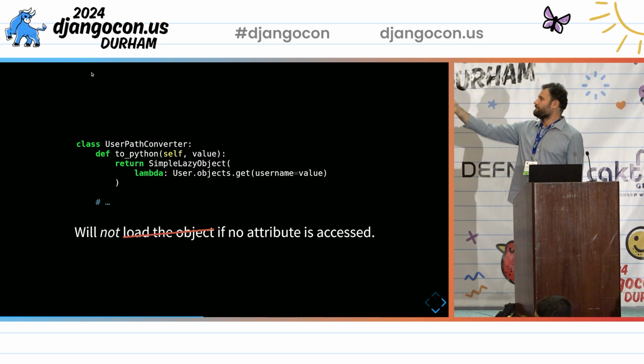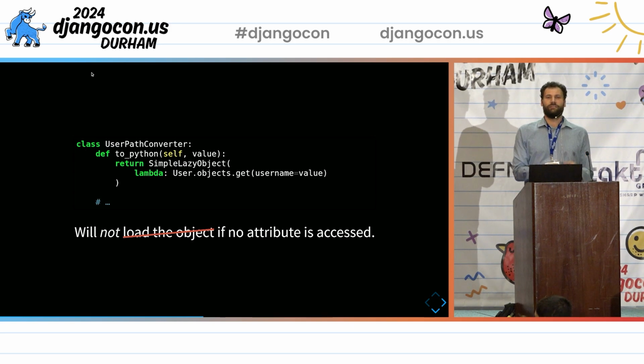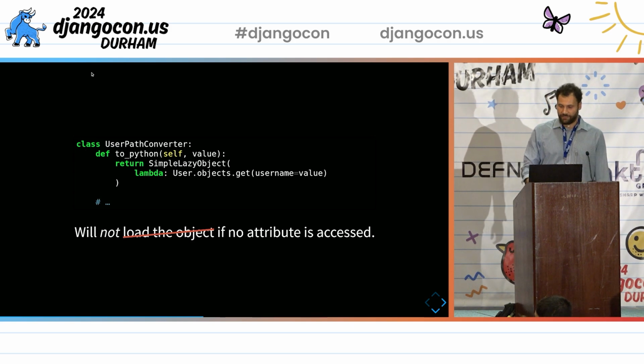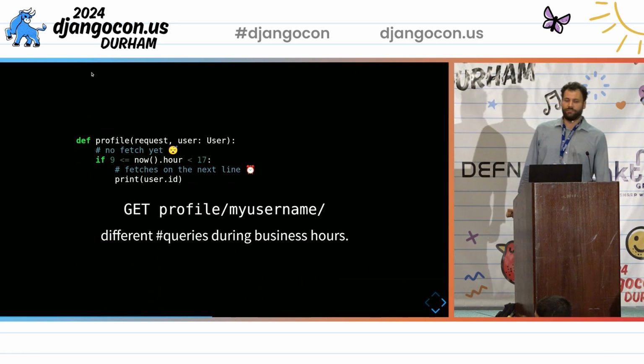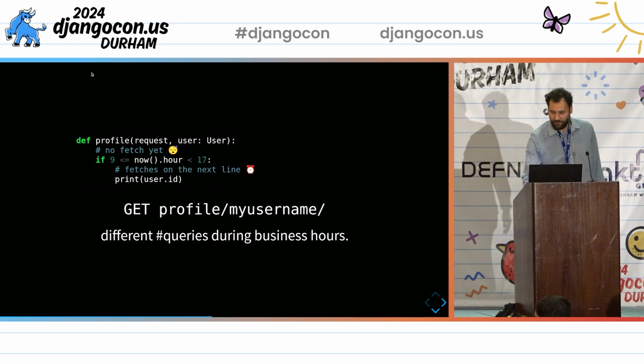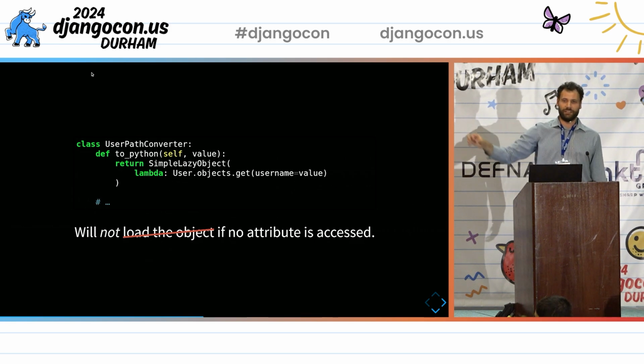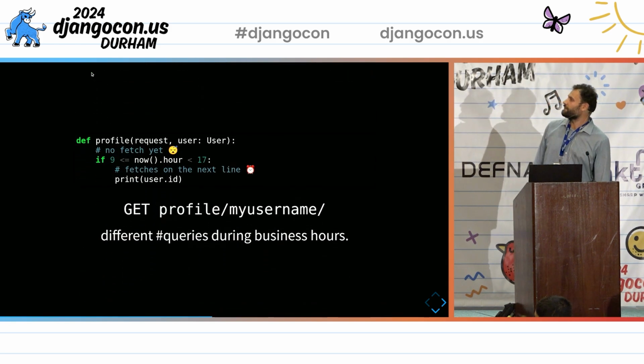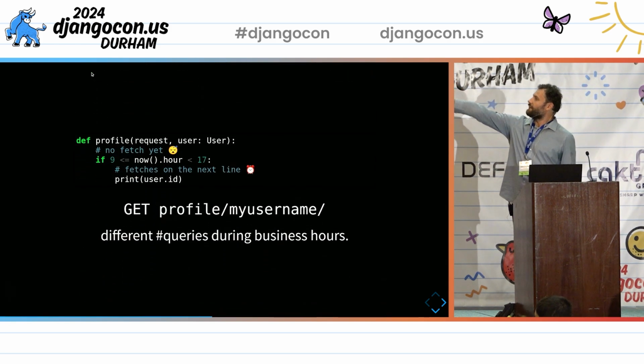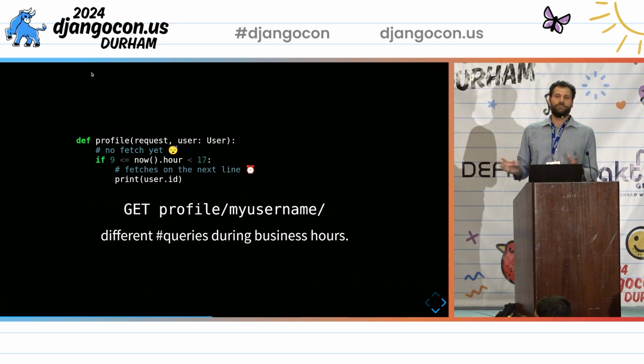So that means we can use this simple lazy object to postpone the database query until we really need something from that object. So for example, if we would replace our code of our user path converter with this simple lazy object instead of an eager query, we now can still define a view like profile. And for all we know, user is a user object.